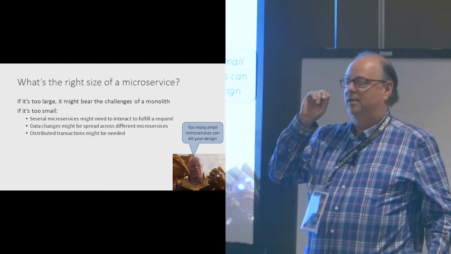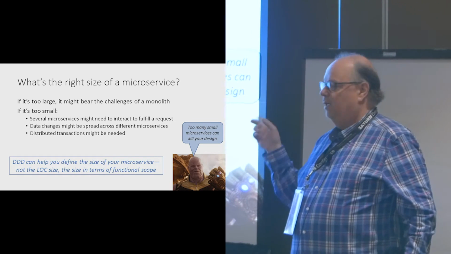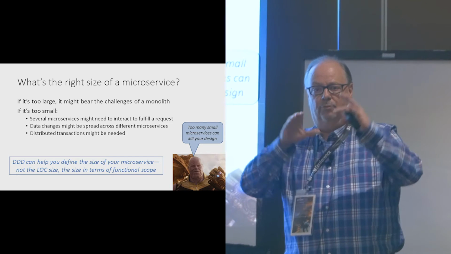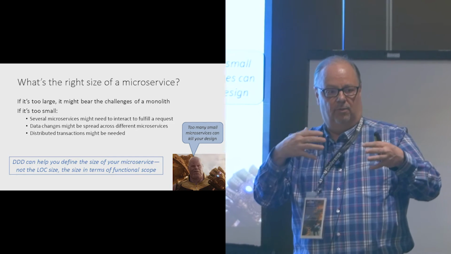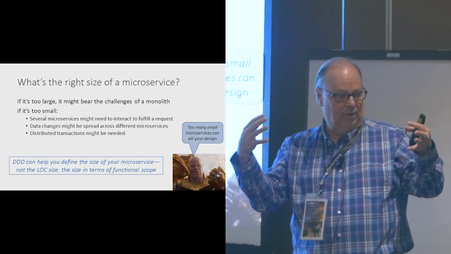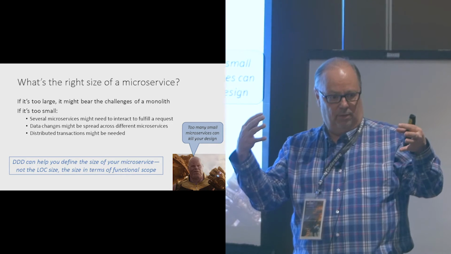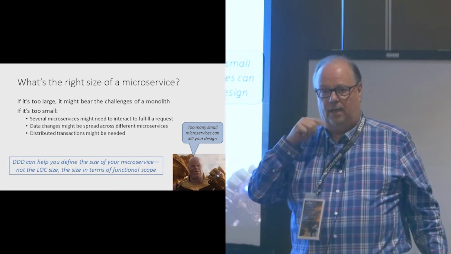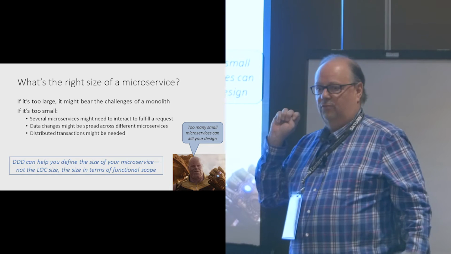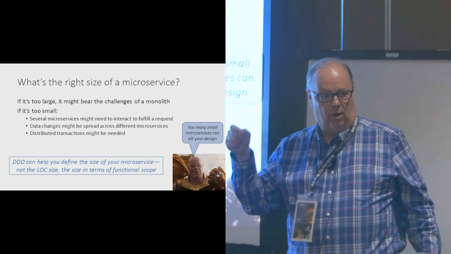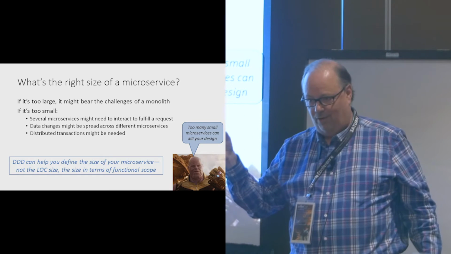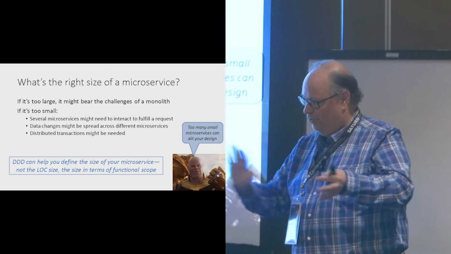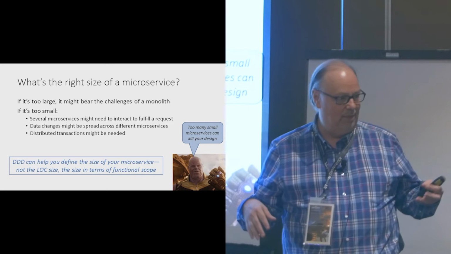One of the things we want to look at is not only the size. DDD can help with the size, but it can also help with the bounded context, and with some of the other potential entanglements, to help minimize some of the refactoring. One thing I will say on size, which I liked about the previous talk, is that if I'm going to err, I tend to err on being a little bit bigger than too small, and then you can do the refactoring from that, because trying to deal with too much chattiness and performance and other issues can become a problem.